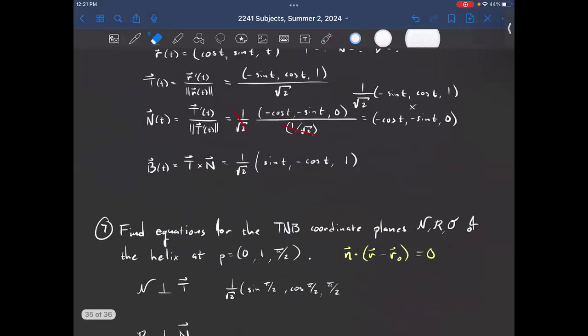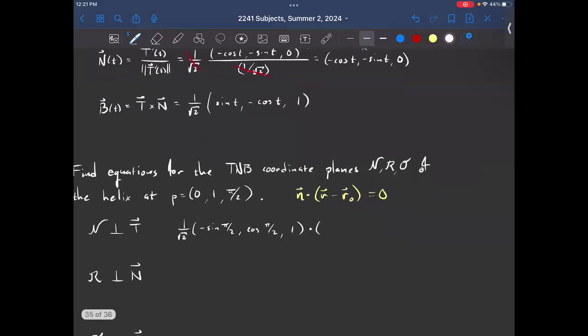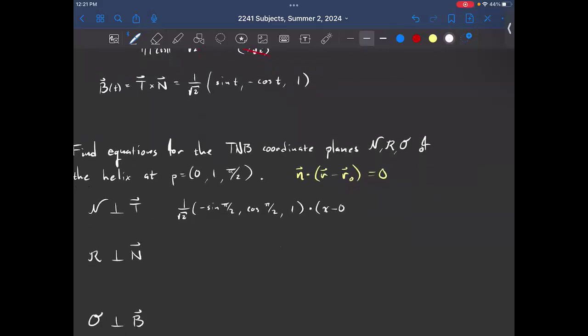Sorry, our T vector should be not that, but minus sine of pi over 2, and then cosine of pi over 2, comma 1. There's our T vector. Dot x minus 0, y minus 1, z minus pi over 2. And this is equal to 0.